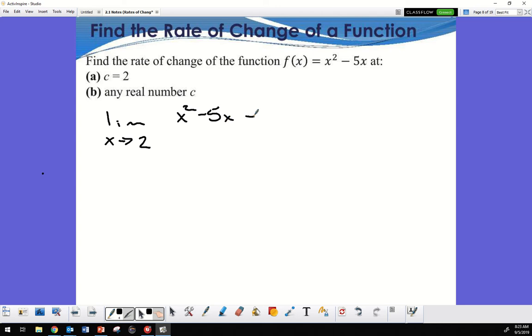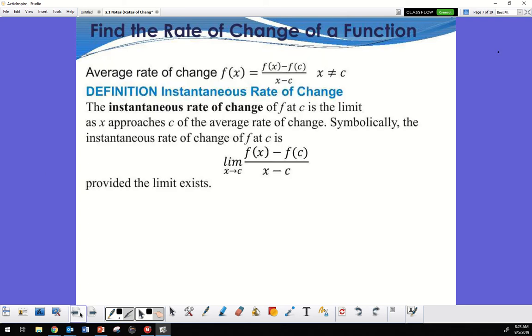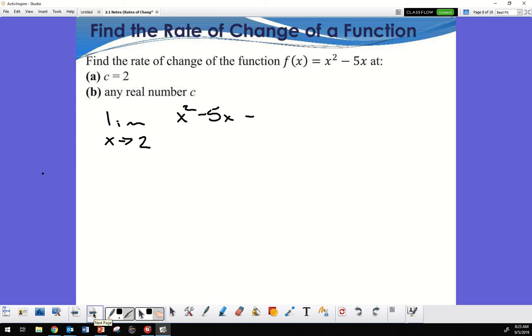Minus f of c, right? What is f of c? Negative 6. So it is 2 squared, which is going to give me 4 minus 10, which is negative 6. And on the bottom should be what?